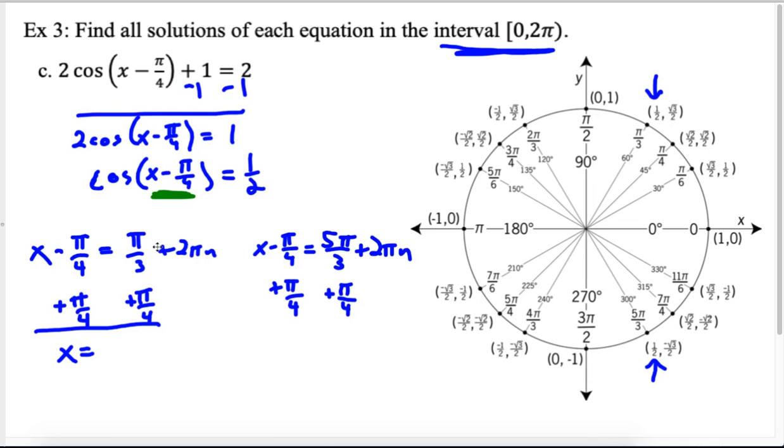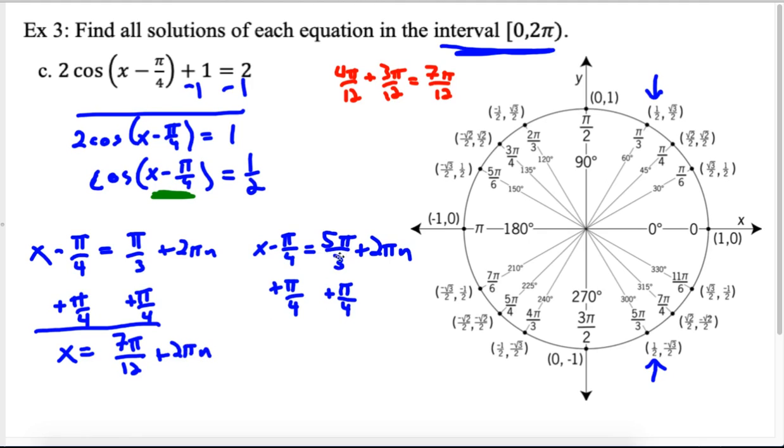So pi over 3 plus pi over 4, well, I need common denominators. I can come off to the side here and say that pi over 3 would be 4 pi over 12 plus pi over 4 would be 3 pi over 12. So that would be 7 pi over 12. So here I can say 7 pi over 12 plus 2 pi n.